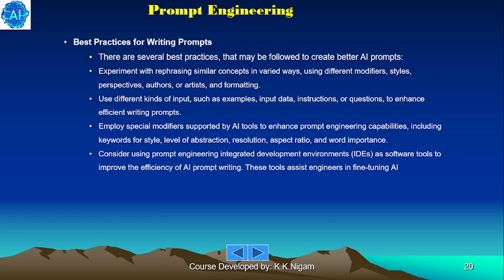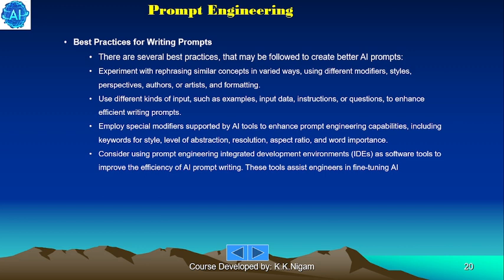Use different kinds of input such as examples, input data, instructions, or questions to enhance prompt writing. Employ special modifiers supported by AI tools to enhance prompt engineering capabilities, including keywords for styles, level of abstraction, resolution, aspect ratio, and word importance.